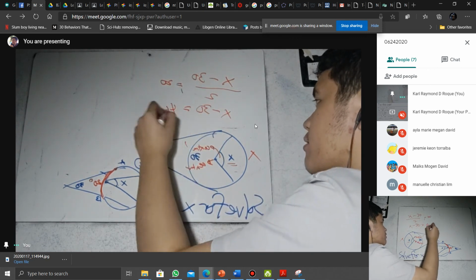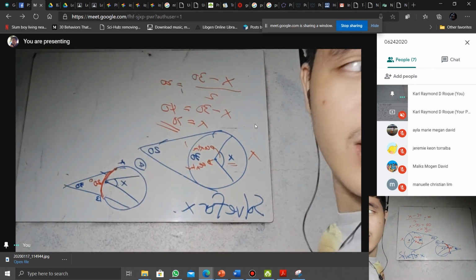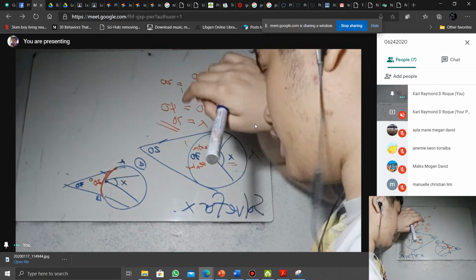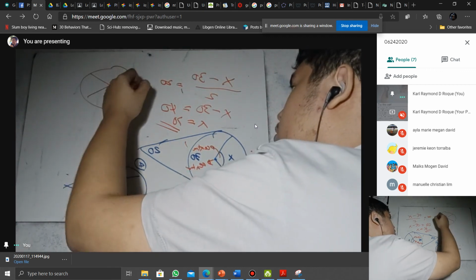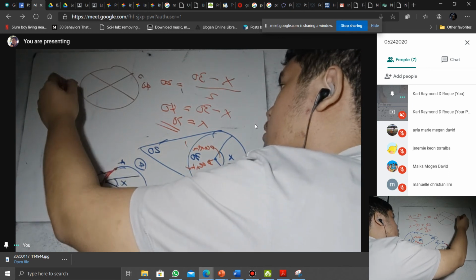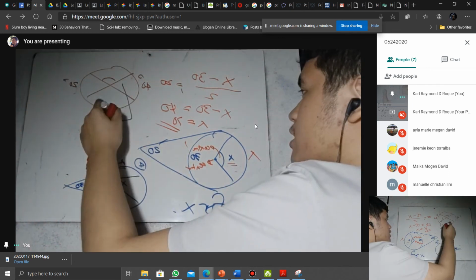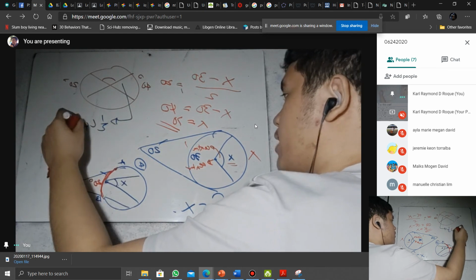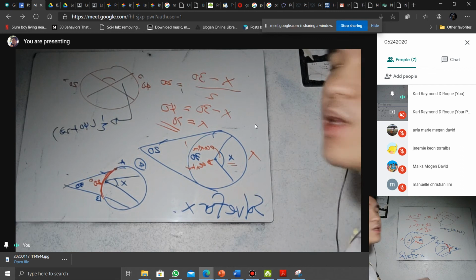X equals 70. Next. Number 3. Ito hinahanap natin. Ito is 1/2 times 40 plus 20. Tama? So, 30 degrees ito.